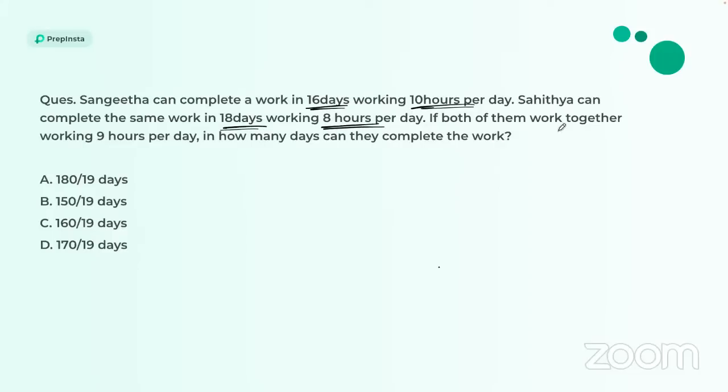If both of them work together, working 9 hours per day, in how many days can they complete the work? Just look here, guys. Based on the normal number of days, everyone will do the problems very easily. But when they are given the number of days with the number of working hours, they get a little confused about which formula to use.